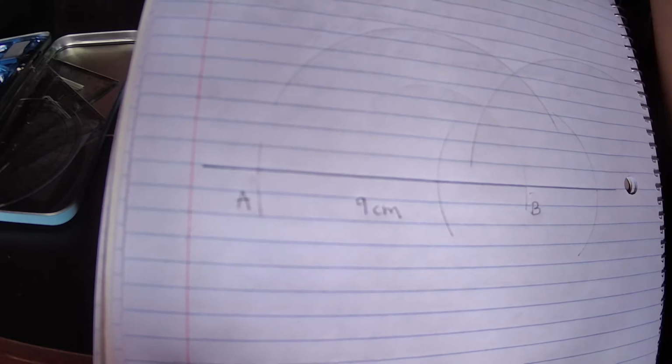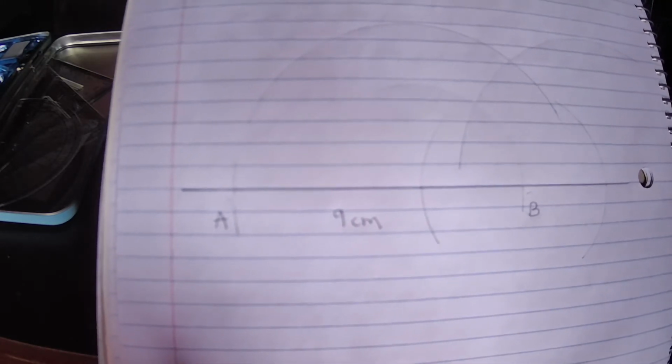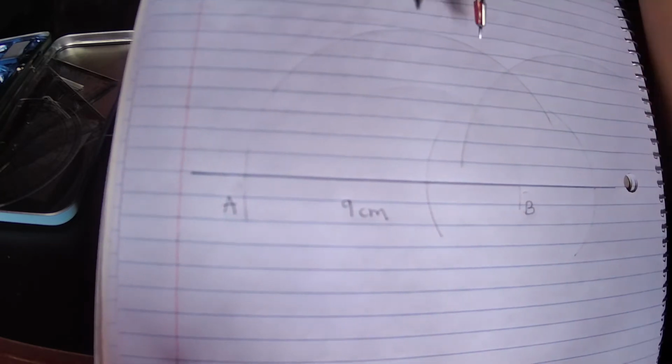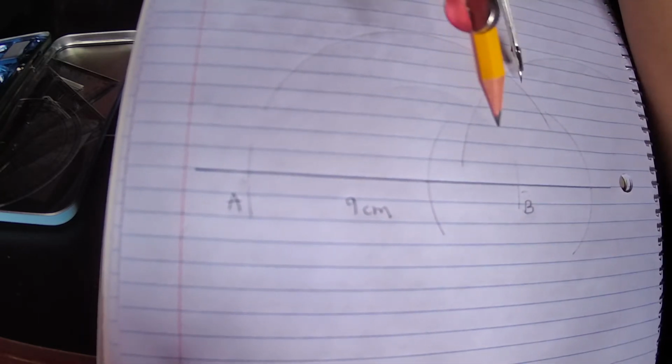Now the important thing here is to ensure that these two new arcs can in fact intersect with one another. You don't necessarily need to go all the way back, but the important thing is to ensure that you can see a point of intersection between these two arcs. So if you look here, you can see the point of intersection right over here.